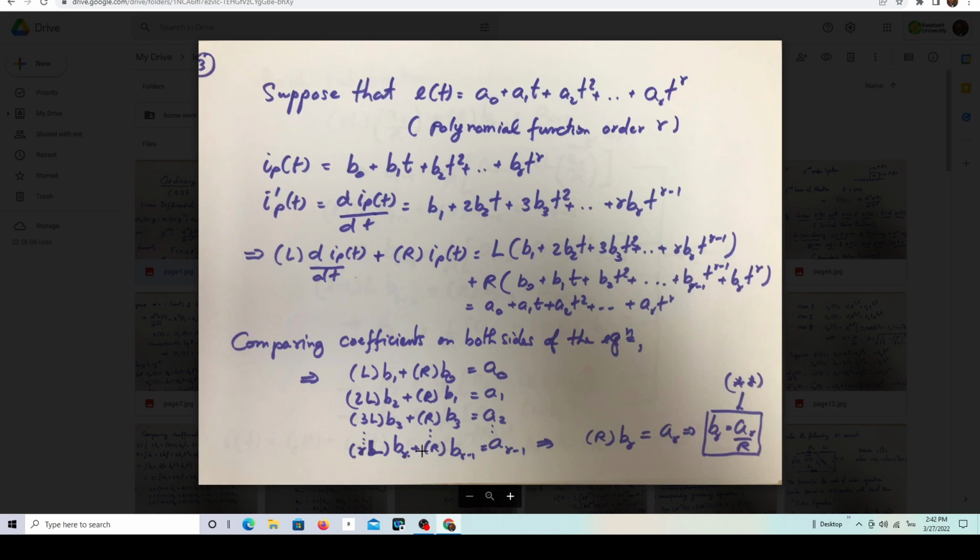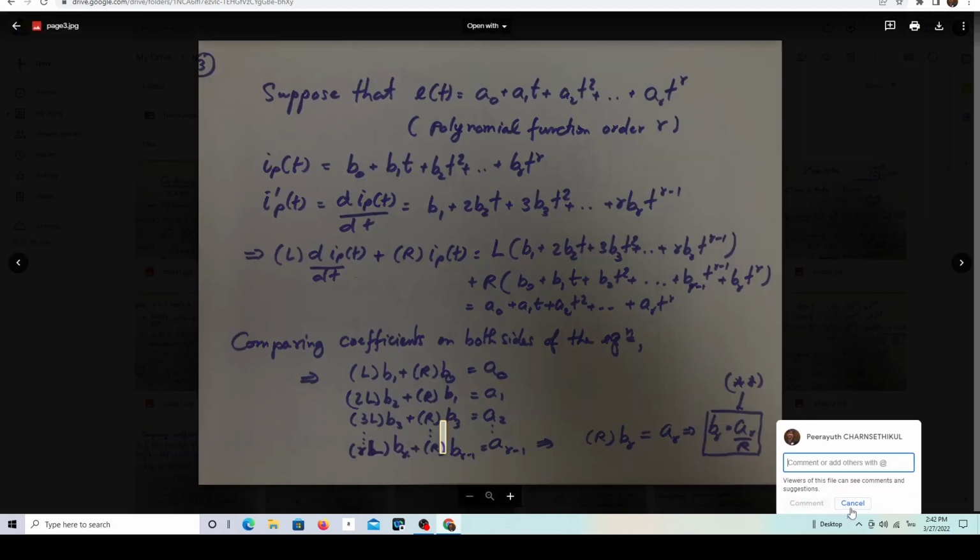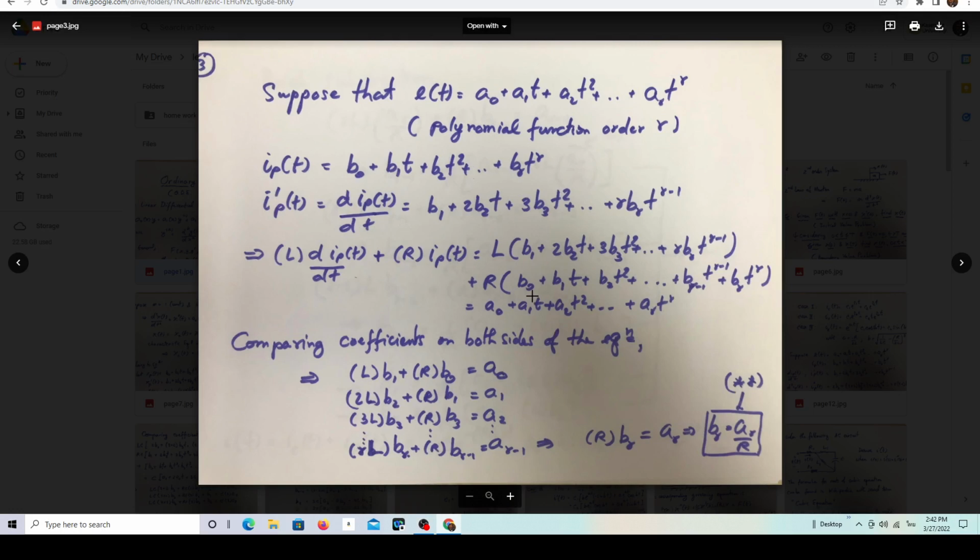Plus R, always R here. The second term starts moving from B sub 0, B sub 1, B sub 2. This one should be B sub 2, I made a mistake here, up to t to the r minus 1, which is b sub r minus 1.